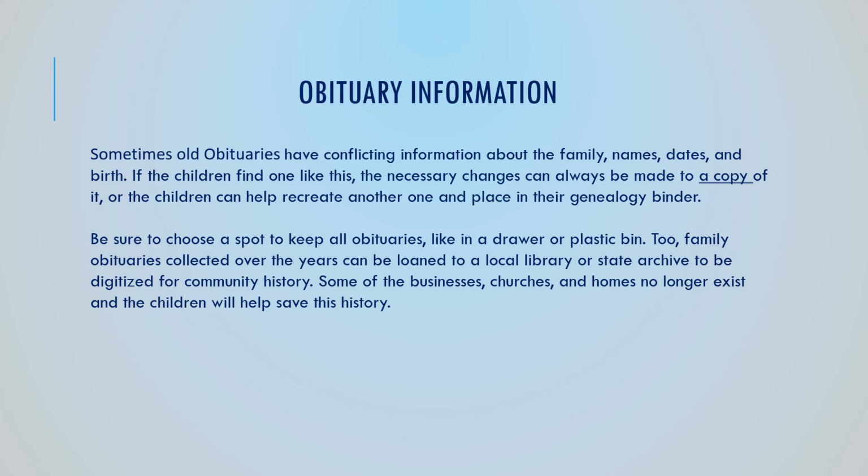Be sure to choose a spot at home to keep all obituaries, like in a drawer or plastic bin. Family obituaries collected over the years can be loaned to a local library or state archive to be digitized for community history. Some of the businesses, churches, and homes no longer exist, and this information will be saved for history.